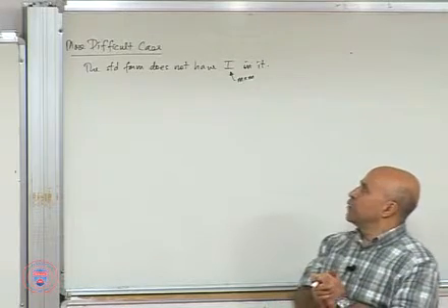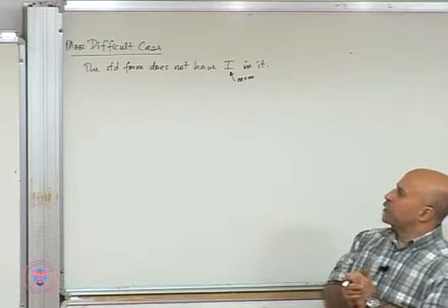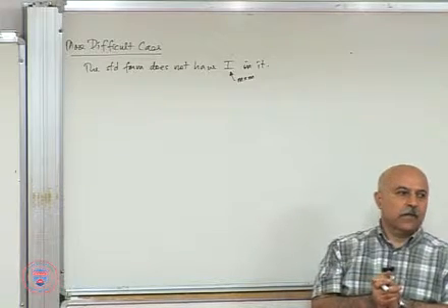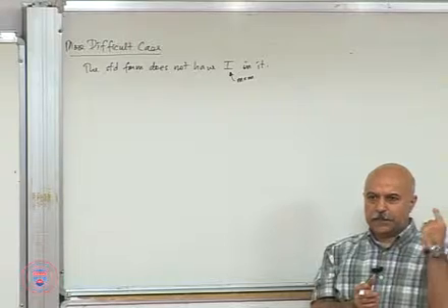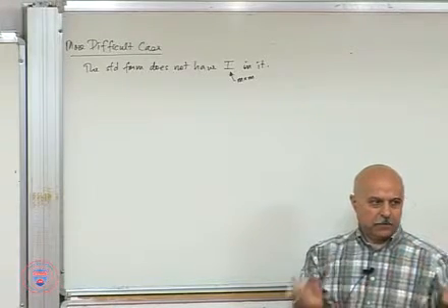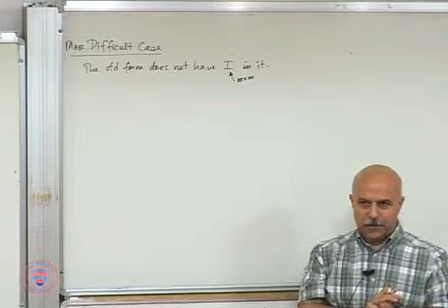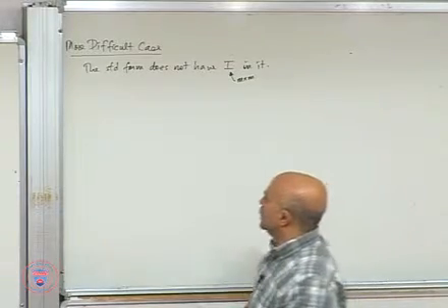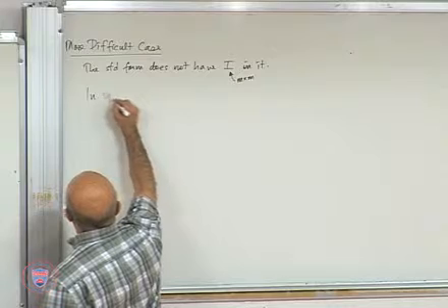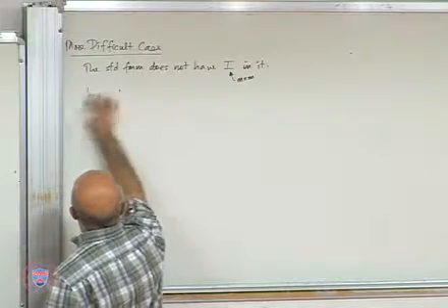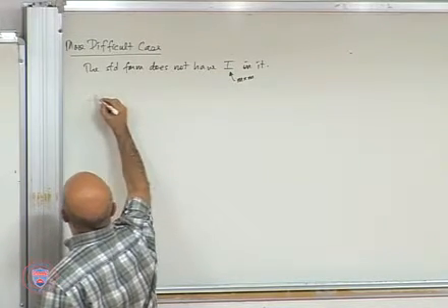Now, the initial matrix of coefficients may have certain columns, or some of the columns, of the identity. Nevertheless, even if it has a single column that's missing, you still have a difficult case. Okay? So let's do it this way.